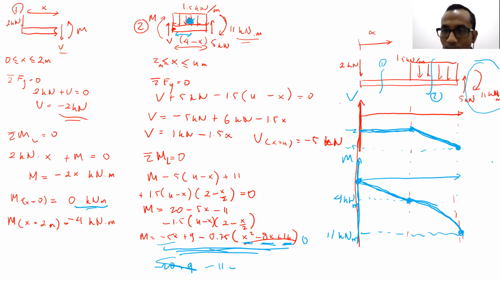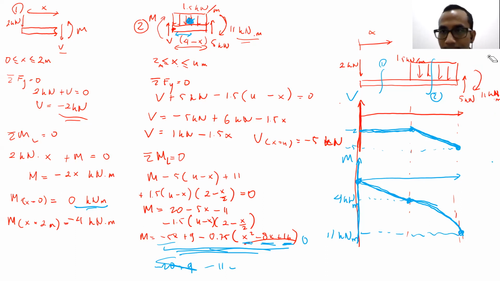If we take a look from the right edge, it is jumping from 0 to 11 kilonewton meter. So this is one way to check whether our calculation is correct or not.